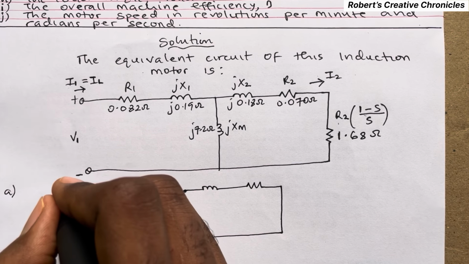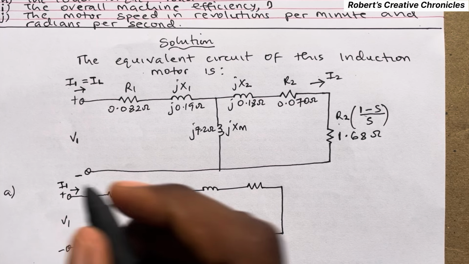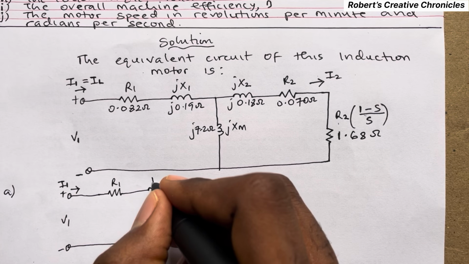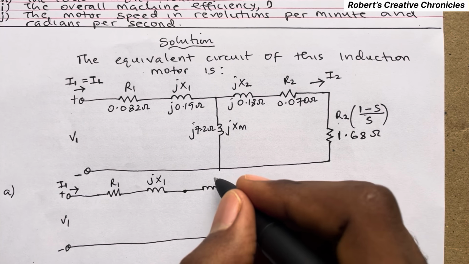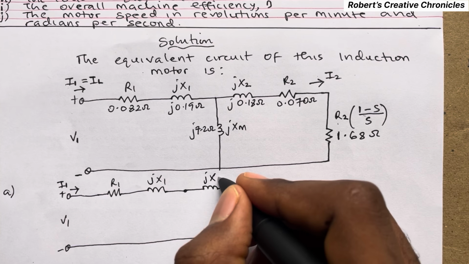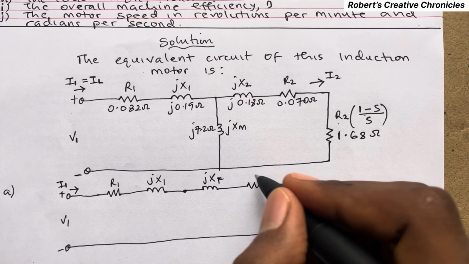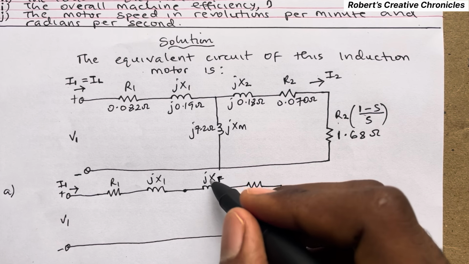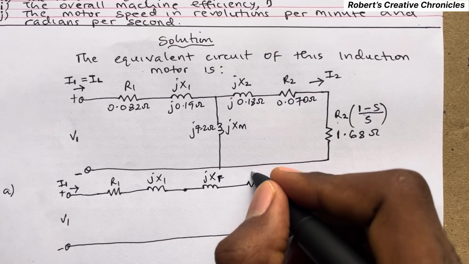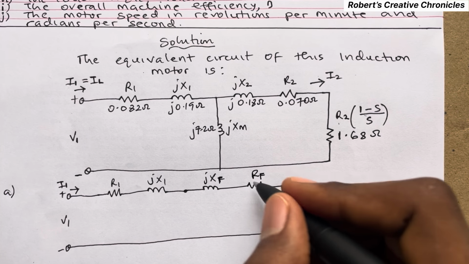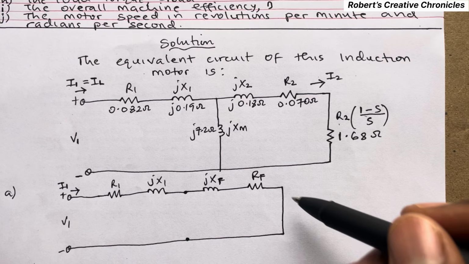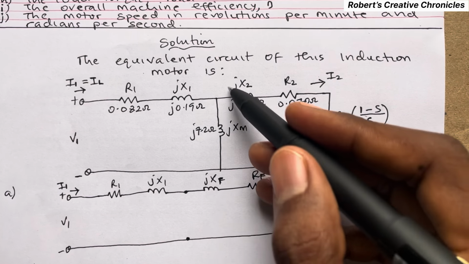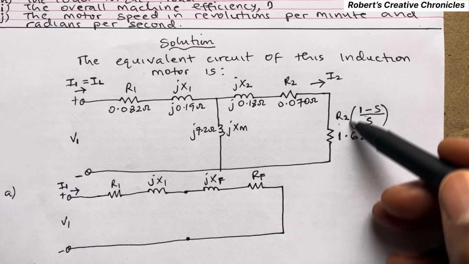This is I1. This I1 is the line current. Then this is R1. This is JX1. Then let JXF be the equivalent reactance and RF be the equivalent resistance of this branch.